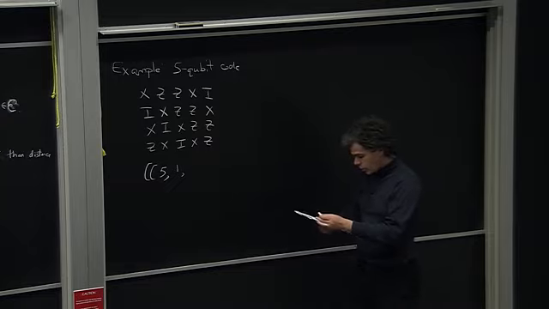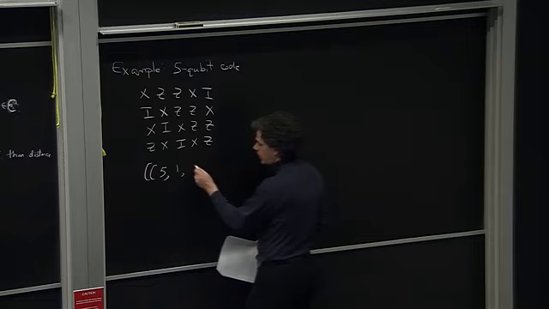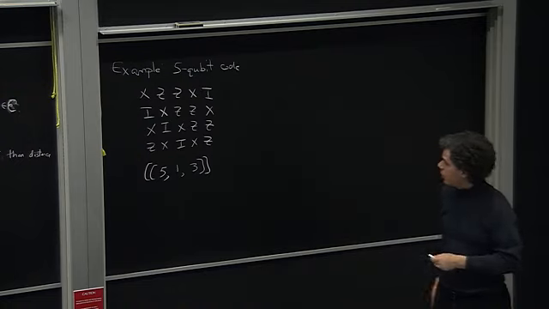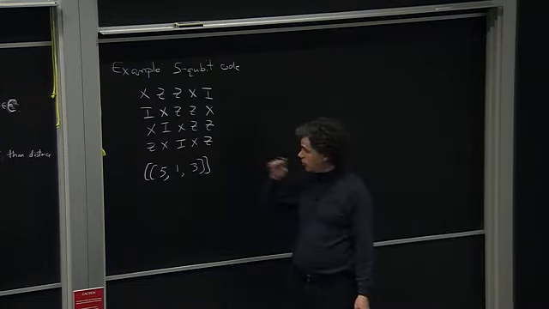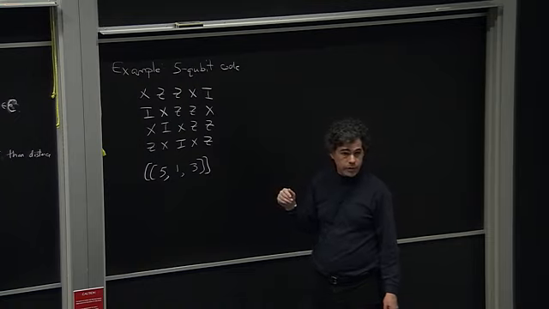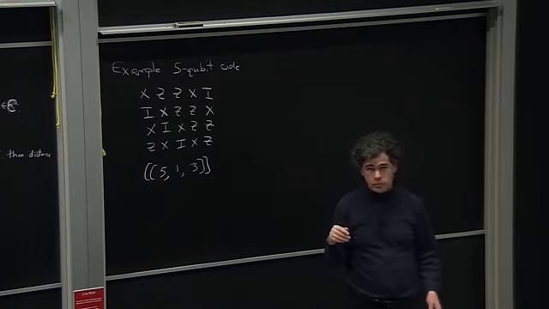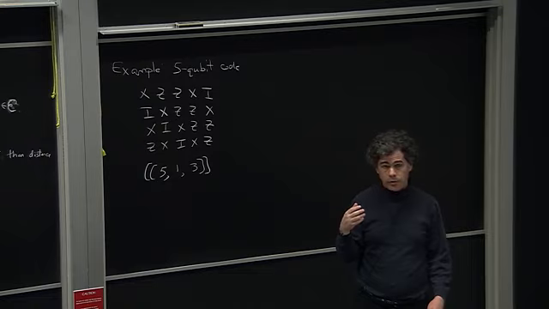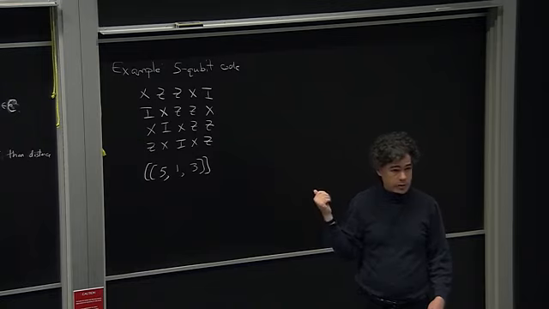And what's less obvious is that it has distance 3, and in fact, it's non-degenerate. So there's a couple of ways of seeing it. One way is to look through all of the 1 and 2-qubit errors and see that they all anti-commute with something in the stabilizer.